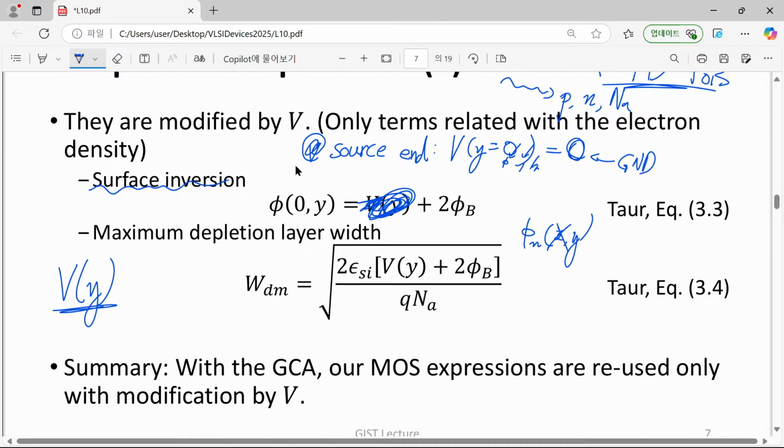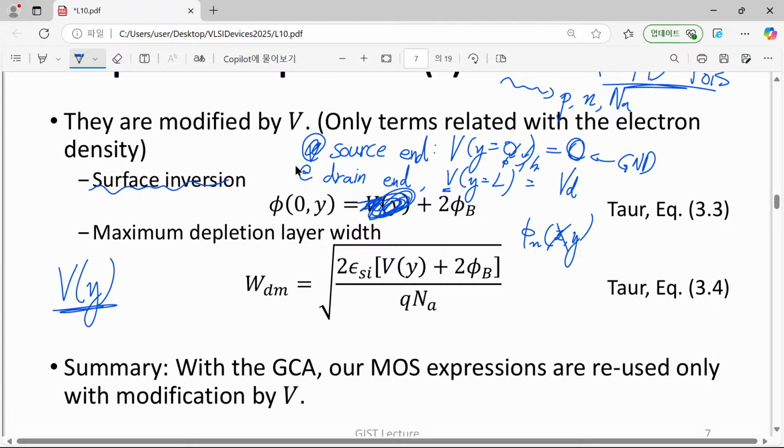However, please think about the other way around. The drain end, at position y equal to L. In this case, the potential is not 0, but it is written as the drain voltage.